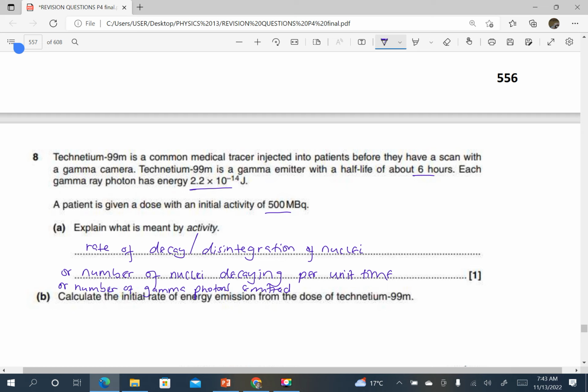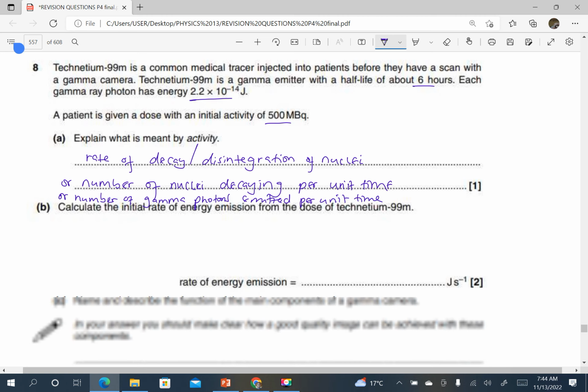So the number of gamma photons emitted per unit time corresponds with the activity, or the number of nuclei decaying per unit time.